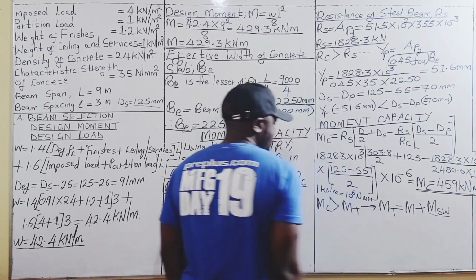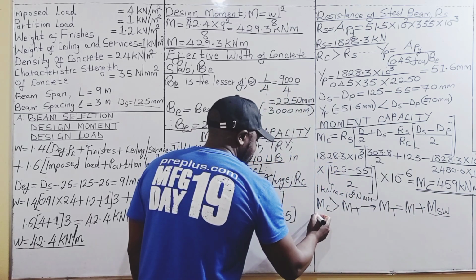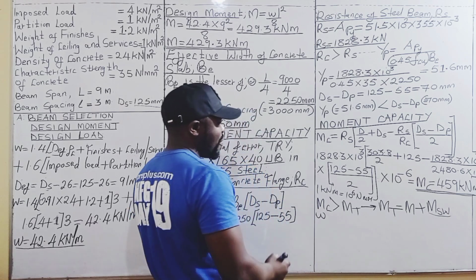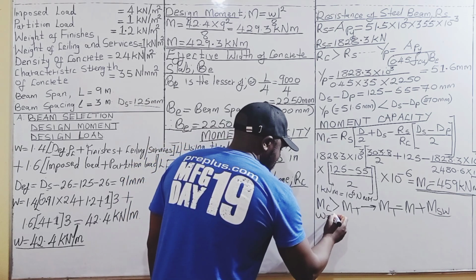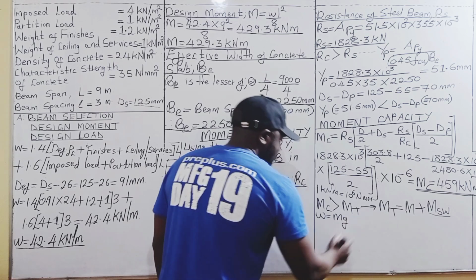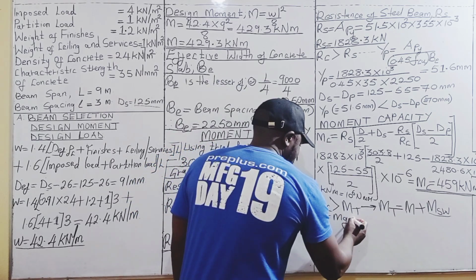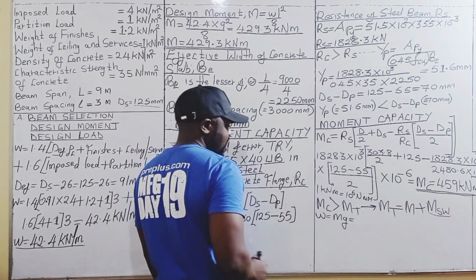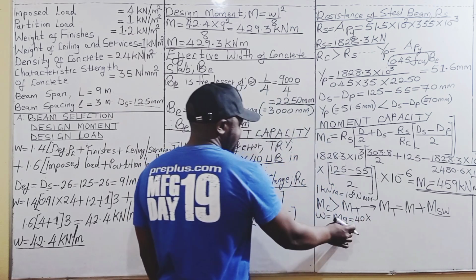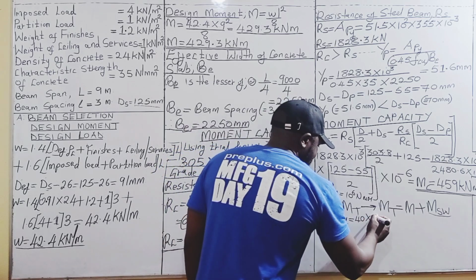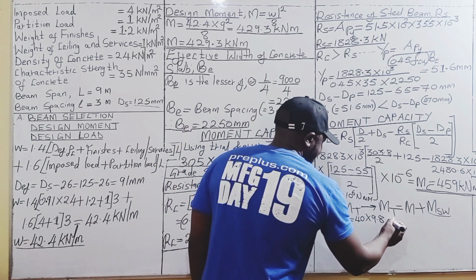And for us to get moment, we are first of all going to calculate the value of the weight of this UB section. And weight is usually given by mass multiplied by gravity. And in this case, our mass is 40 kilograms per meter. We multiply by gravity, the force of gravity, which is 9.8 newtons per kg.